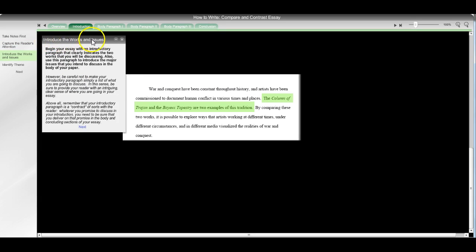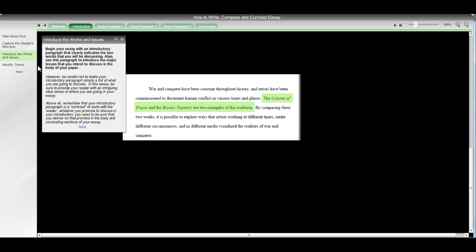Number 3, introduce the works and issues. Begin your essay with an introductory paragraph that clearly indicates the two works that you will be discussing. Also use this paragraph to introduce the major issues that you intend to discuss in the body of your paper. However, be careful not to make your introductory paragraph simply a list of what you're going to discuss.